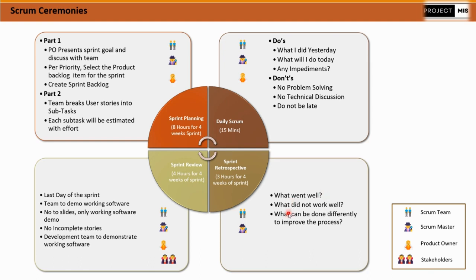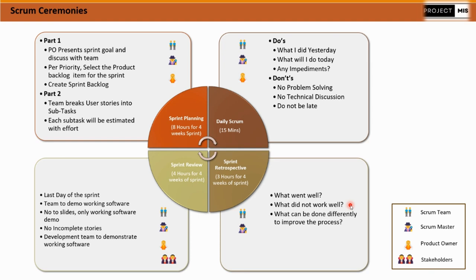What did not work well? This is like a message for us where we can take those pointers and figure out how we can make changes to improve that particular piece of work so that we can do better.